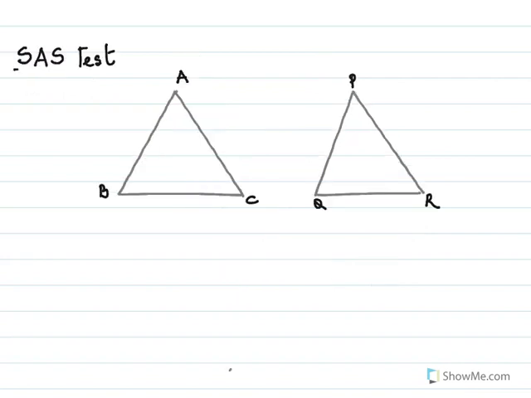Now next we go for the SAS test, which means we need to show two sides and one angle. So for this I will say side AB over PQ is equal to BC over QR, and the included angle should be equal.